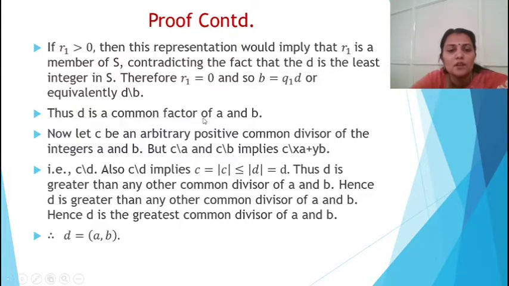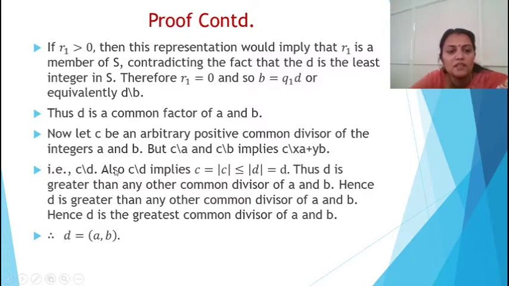Thus d is a common factor of A and B. Now let C be an arbitrary positive common divisor of the integers A and B. But C divides A and C divides B implies that C divides xA plus yB.